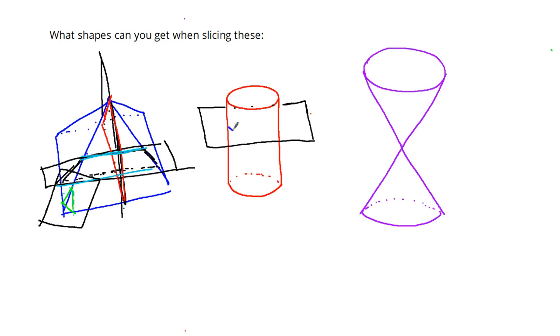If you slice it kind of at an angle like this, you will get an ellipse. You will not get a circle. You will get an ellipse. So it'll be kind of like this. It'll look something like this.